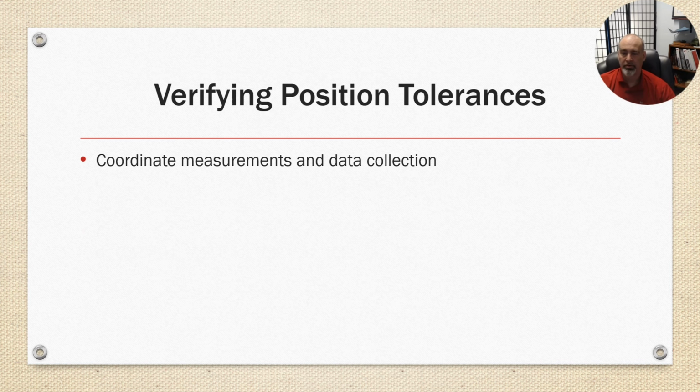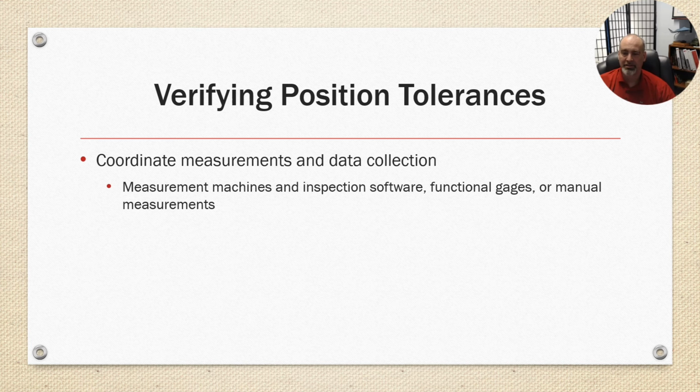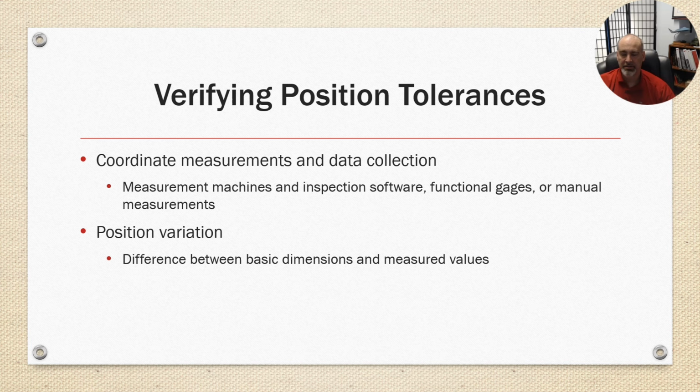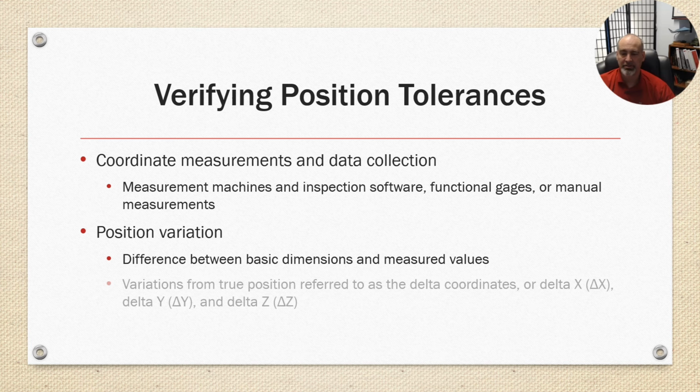Okay, so coordinate measurements and data collection. Measurement machines and inspection software, functional gauges, and manual measurements all can be used to find the position tolerance. The position variance is the difference between the basic dimensions and your measured values.